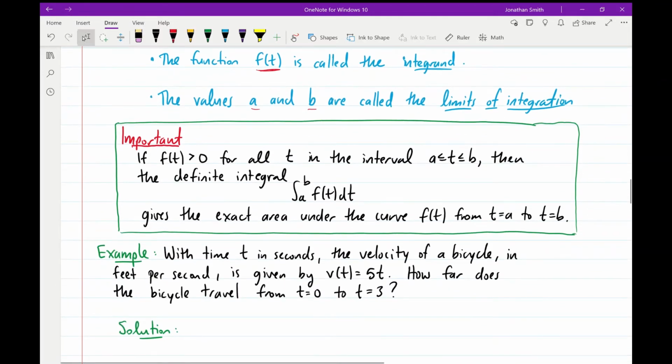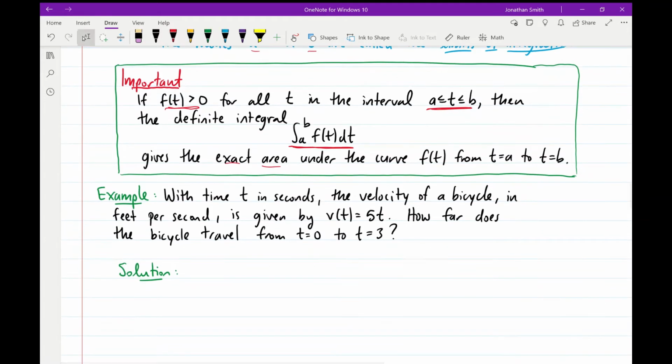So here's an important fact about the definite integral. When the function inside of the integral, or the integrand, is greater than 0 all the time, so that function is always positive over the interval from a to b, then the definite integral, so this integral from a to b of f of t dt, is going to give us the exact area under the curve f of t from t equals a to t equals b.